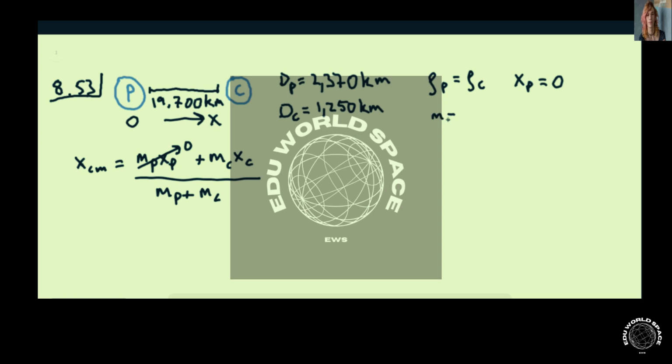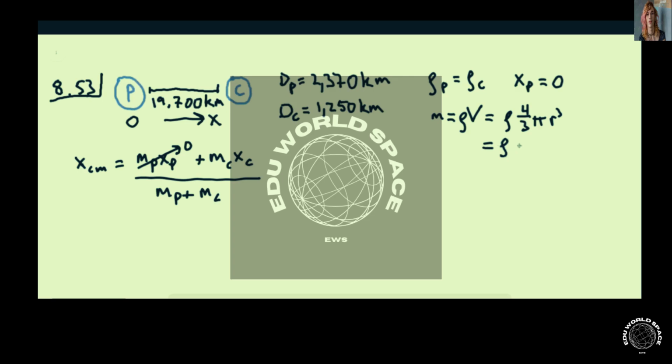And as we know, the mass of an object is equal to its density times its volume. Assuming that they're little spheres, this is rho times 4/3 pi r cubed, but we're given the diameters and might as well just work with those.